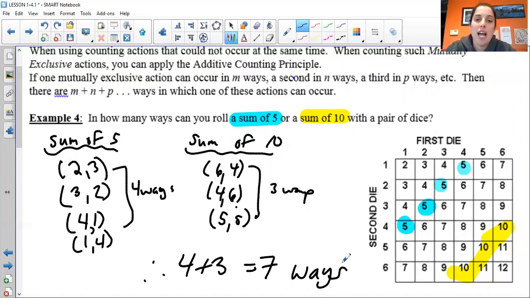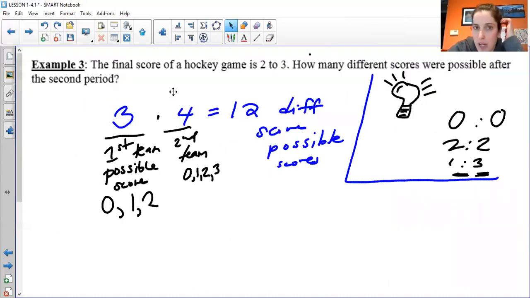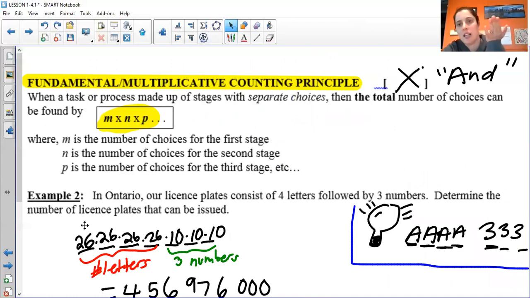Knowing when to add or when to multiply, this is a big giveaway, right? If you see "or." But sometimes the word's not there, right? With the hockey game, that's why I put that one in there, because it doesn't say "and," it doesn't say "or." And same with the license plate, right? I need a letter and another letter and another letter and another letter.